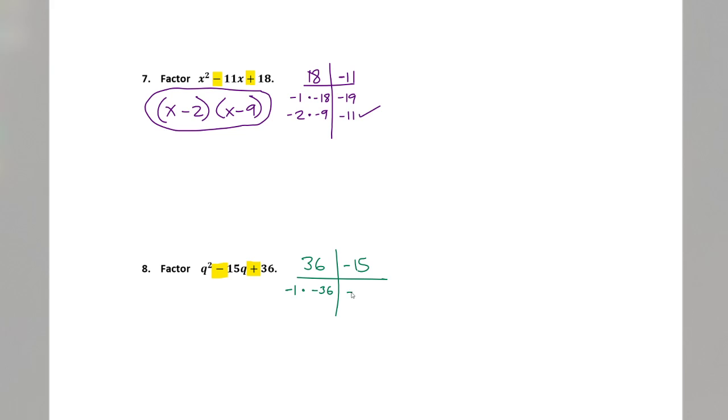If you add those together, you get negative 37. You also have negative 2 times negative 18. If you add those together, you get negative 20. We also have negative 3 times negative 12, and if you add those together, you get negative 15. So we got our factors. So you have q minus 3 times q minus 12.